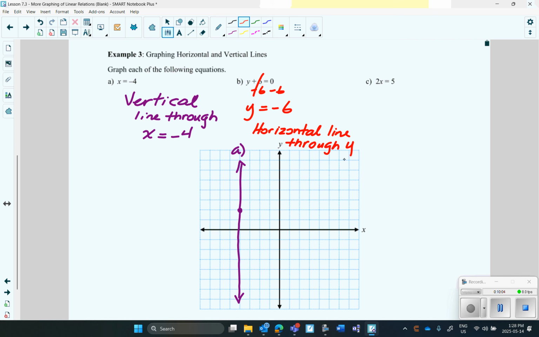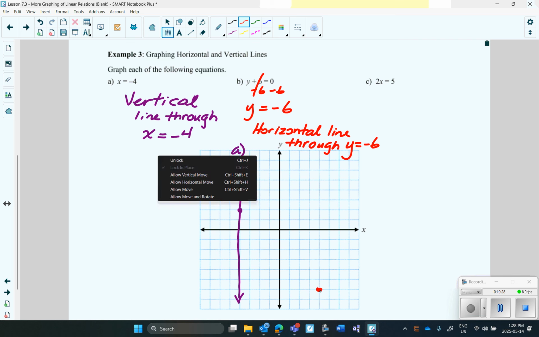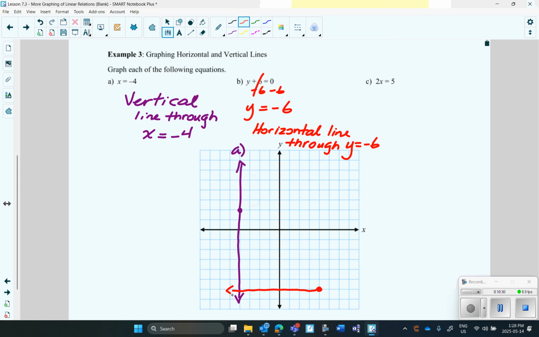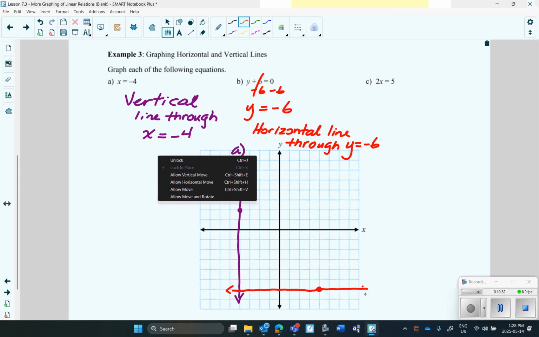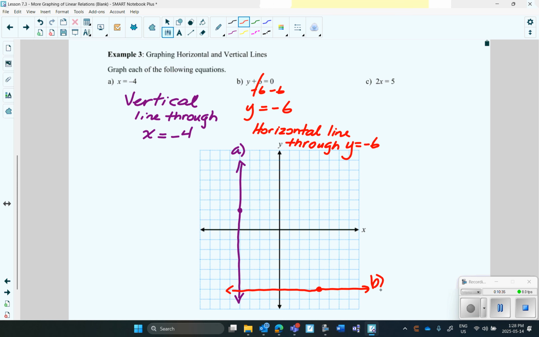Y equals -6. Give me a point where the y coordinate is -6. 4, -6. And remember, it's horizontal. So it has to go like that. So that's B.